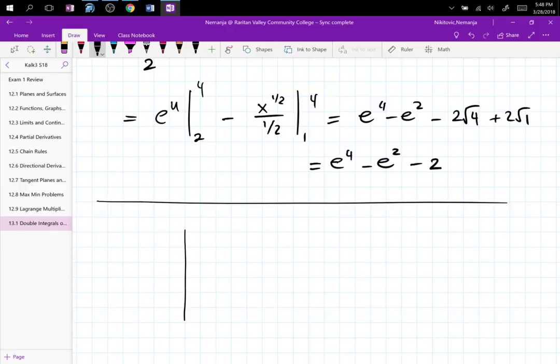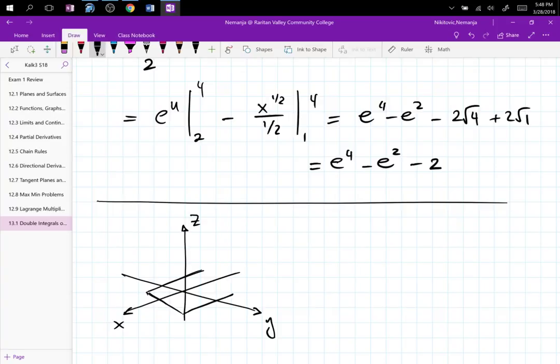When I drew this last time, I had everything in the first quadrant. Now I'm going to go outside of the first quadrant, so maybe go into all quadrants. So I'll have something that goes like this, as a domain.